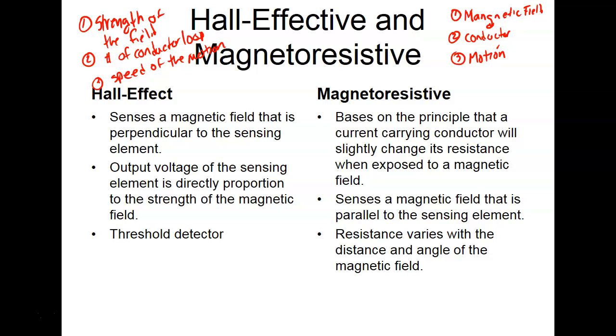So it'll induce a voltage into the meter depending on the strength of the magnetic field. But we have to have motion, right? These are really nice in that we can measure current in an AC circuit without breaking the circuit. It's not measuring current, it's measuring the strength of the magnetic field.